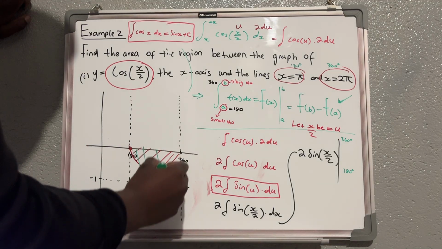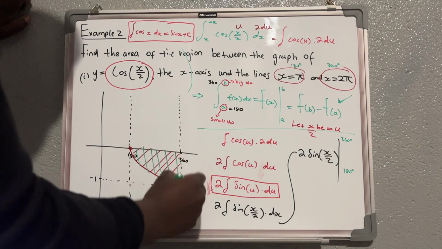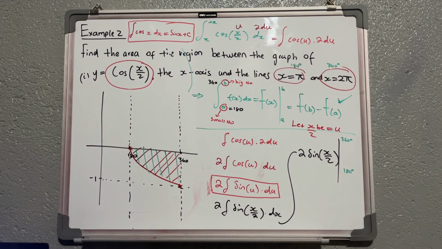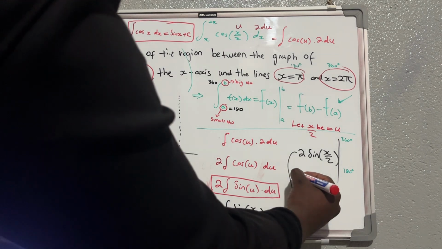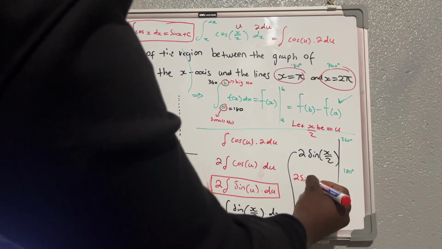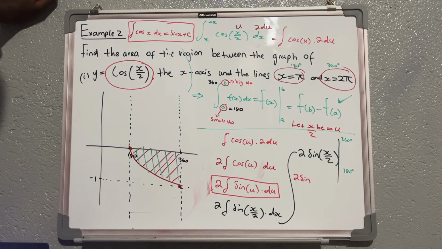You see? So from that 180 to that 360. So what is that going to look like? You're going to say you have your 2 sine of, where I see my x, I'm going to input what?